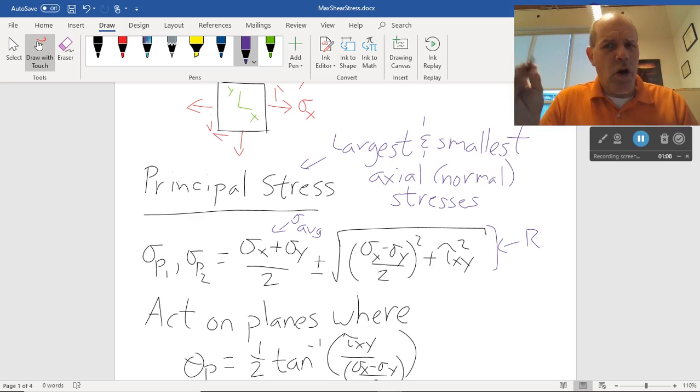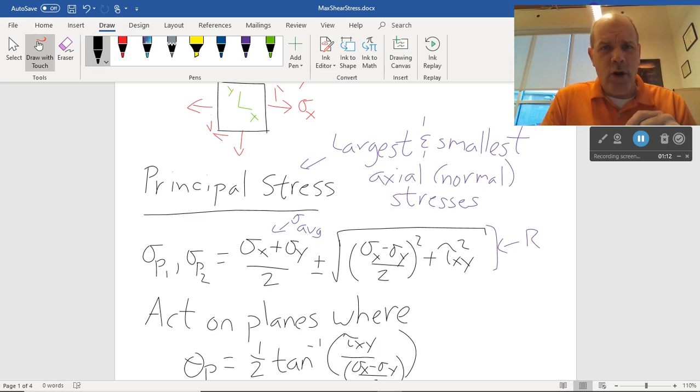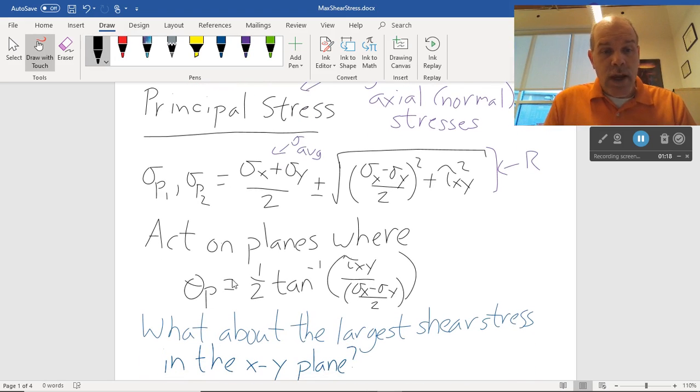Right now, just call it R, and if you're thinking, we normally use R for radius, yeah, that's where we're going, okay? The planes that we had, the directions, were at theta P equals 1/2 the arctangent of shear stress divided by this sigma x minus sigma y over 2. Yes, it's the same term that's sitting inside the square root, right? That denominator is the same thing as the first term under the square root. That got us the principal stress.